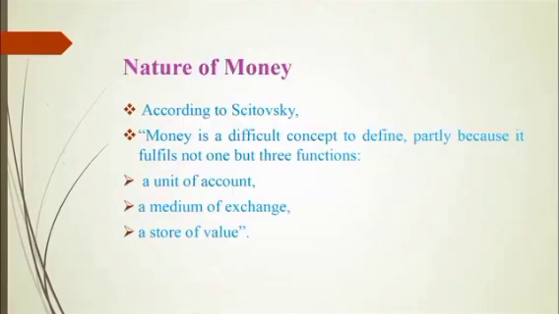Next, we are going to learn about nature of money. According to Sitoksky, an economist, money is a difficult concept to define, partly because it fulfills not one but three functions. It doesn't perform one function, whereas it performs three functions: a unit of account, a medium of exchange, and a store of value.